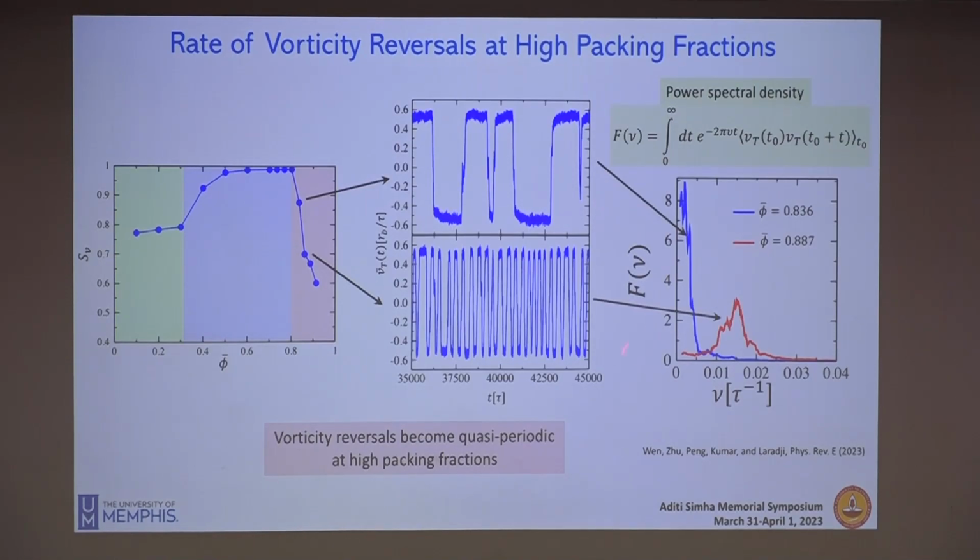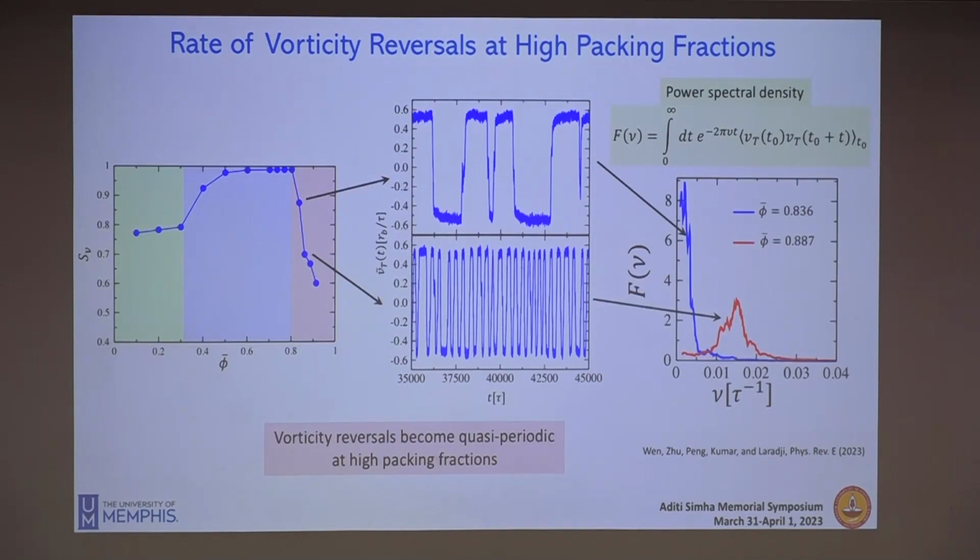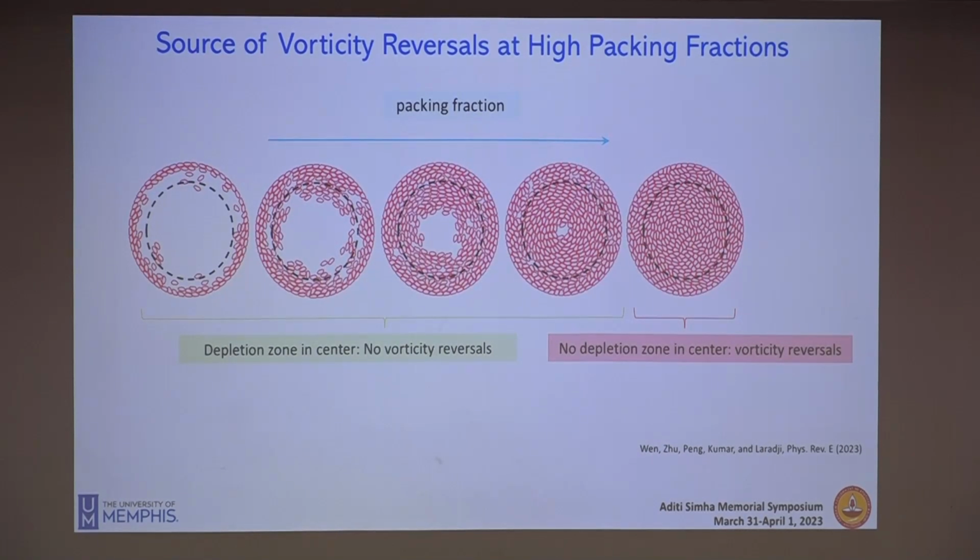We calculated the power spectral density as a function of frequency, and you see an emergence of a very well-defined peak at high packing fractions, which indicates that these reversals become quasi-periodic. That peak is not intensely sharp, so they are not truly periodic, but they are quasi-periodic.